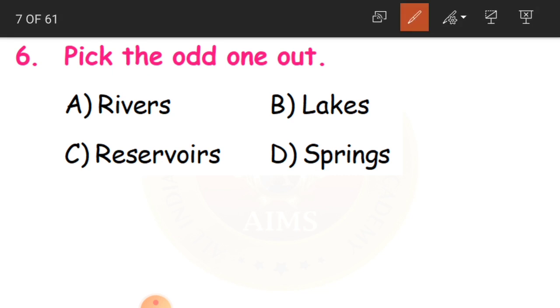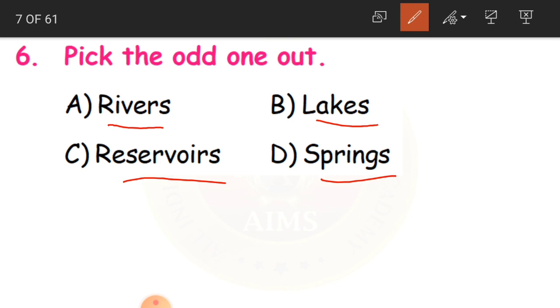Pick the odd one out. See here you are having rivers, lakes, reservoirs and springs. Rivers, you know, lakes, you know, reservoirs. What are reservoirs children? The reservoirs are also lakes which are used as a source of water supply.